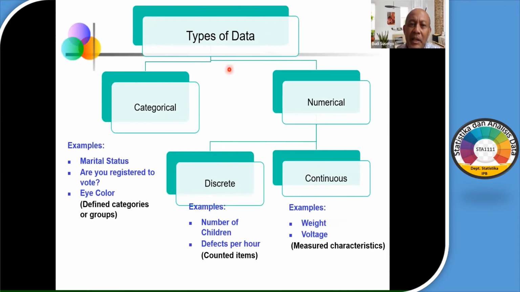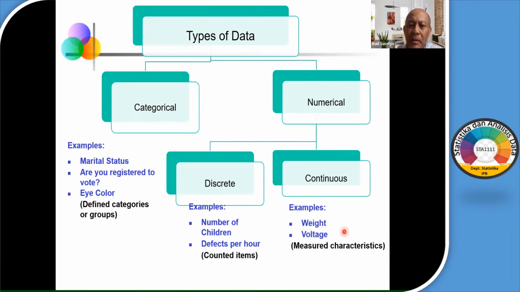On the other side, the data will be differentiated by type of data, categorical and numerical. Categorical, for example, marital status, are you registered to vote, color, religion, male or female. So this is categorical. On the other side, numerical, for example, weight, age.